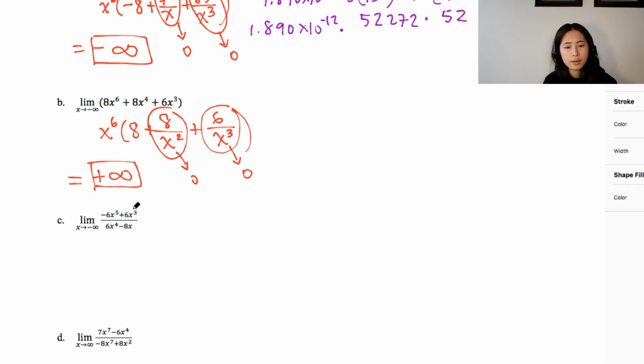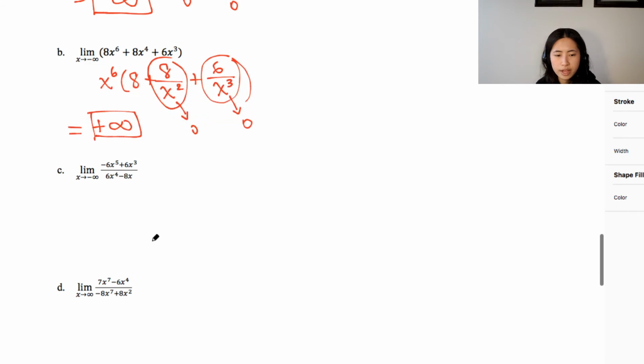Okay, so now we have a fraction. So we have negative 6x raised to the power of 5 plus x plus 6 times x raised to the power of 3, divided by 6 times x raised to the power of 4 minus 8 times x. Over here, it's very similar. All we have to do is factor out the highest power of x.